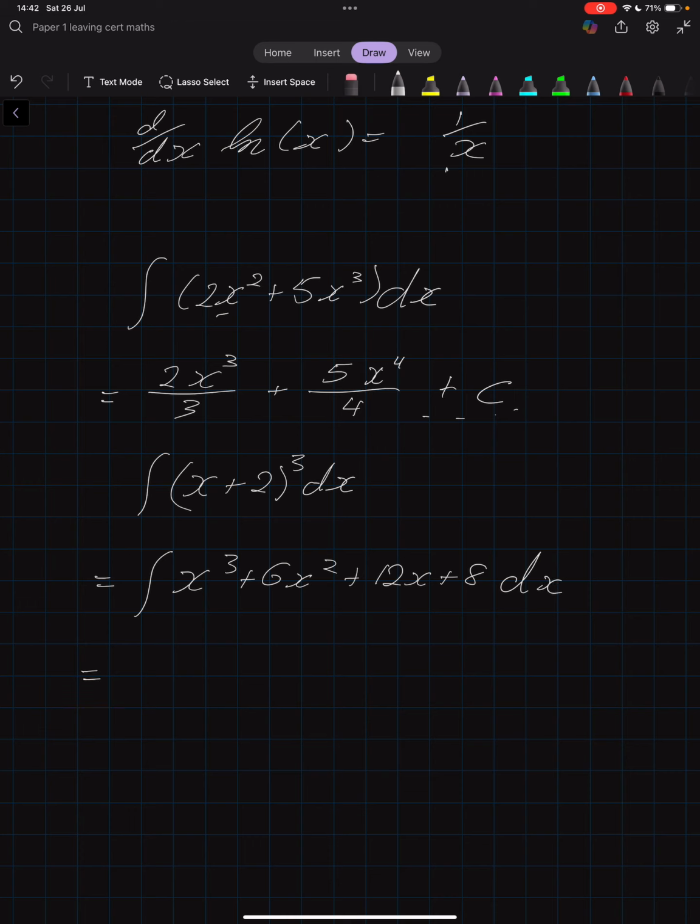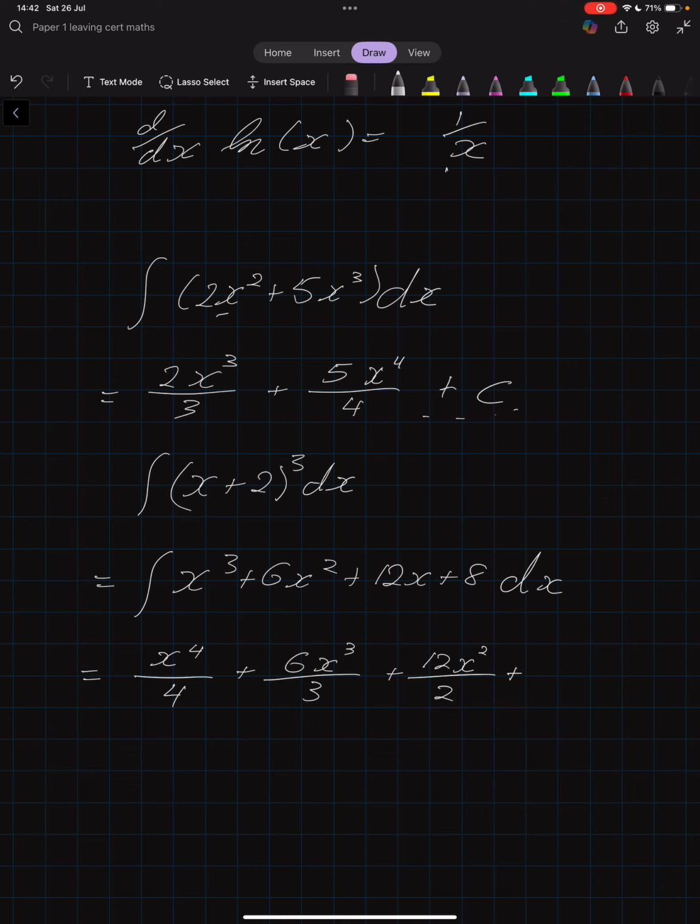Now if I integrate the first one, I get x to the power of 4, divide by the new power, divide by 4, plus 6x, add 1 to the power, cubed, divide by the new power, 3, add 1 to the power, divide by the new power.